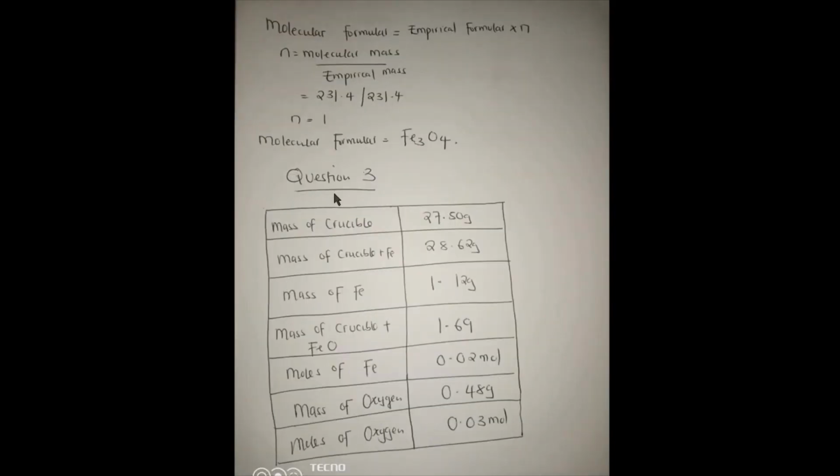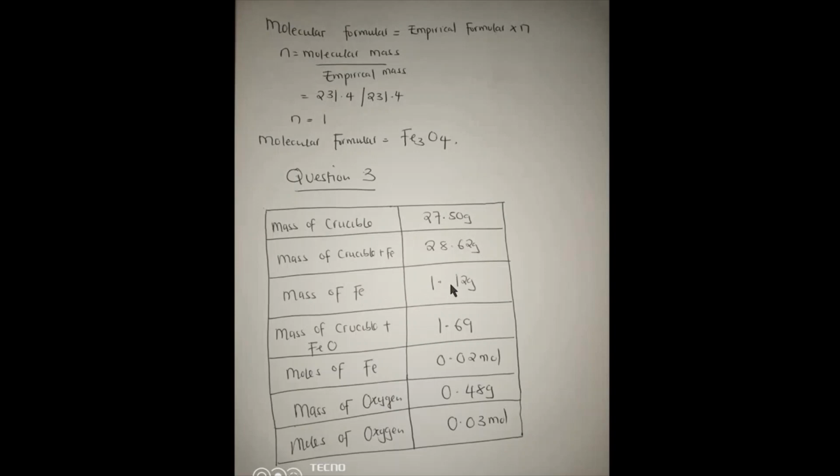All right, question 3. I didn't write down the question, but it says a chemistry student heats a piece of iron metal in a crucible. The reaction is iron plus oxygen gives you FexOy, and they say complete the data below and determine the empirical formula of iron oxide. The mass of the crucible was this, and the mass of the crucible plus the iron was this.